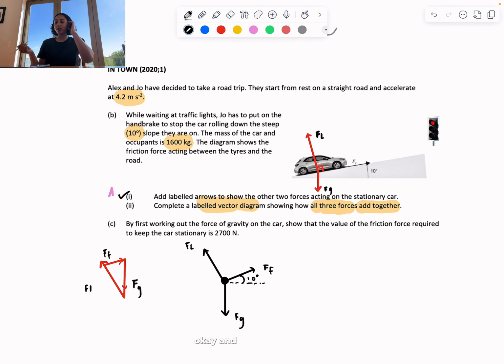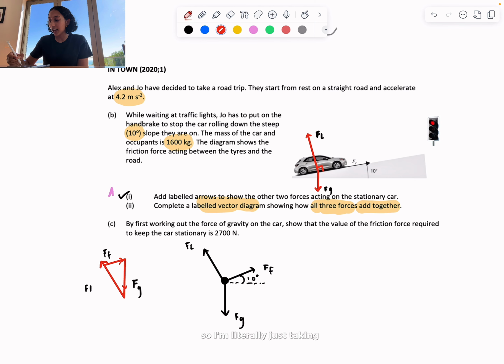Okay, and so now here's the trick. Once I've simplified the diagram like this, what I have to do is displace the gravity vector so it's in between my lift force and my friction force. How do I do that? Let me show you.